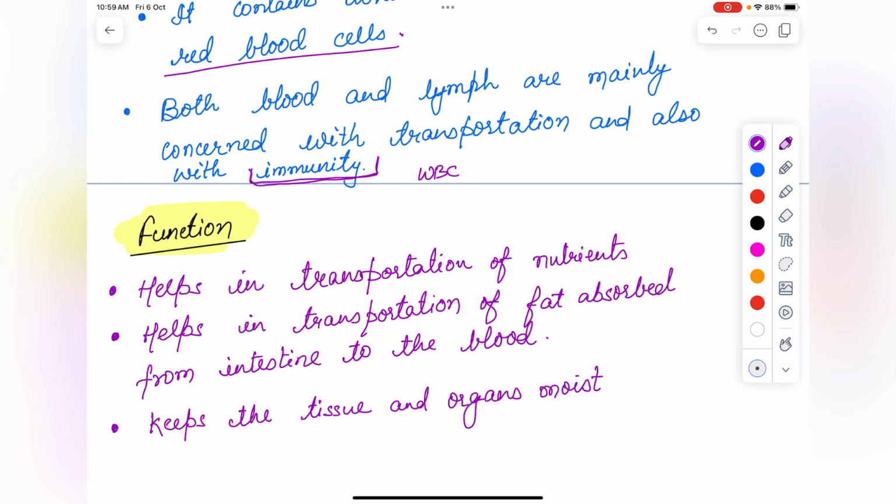Second point is helps in the transportation of fat absorbed from intestine. Fat का जो transportation है वो कौन करेगा? It will be done by the lymph from intestine to the blood.